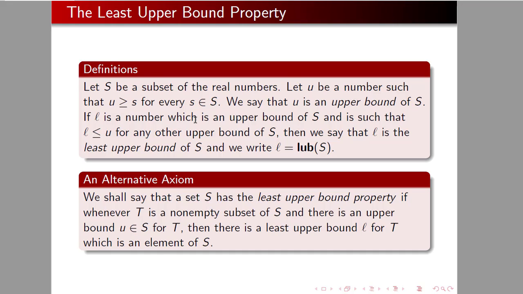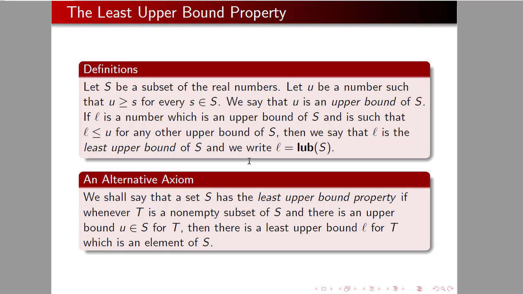Now, if L is a number that is an upper bound of S and is such that L is less than or equal to U for any other upper bound of S, we say that L is the least upper bound of S. So it's an upper bound and it's the smallest of the upper bounds, so it's a least upper bound. The nomenclature works, and we'll write here that L is equal to lub, least upper bound, of S.